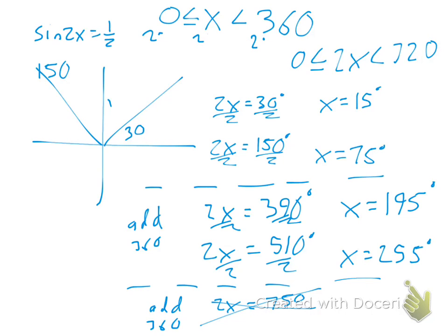Now wait, why is that? What does this 2 do to my graph? It's a period coefficient. Period coefficients are with the variable, so it always does the opposite. I'm not multiplying my period by 2, I'm actually dividing by 2. I'm making the period smaller. Guys, sine has a normal period of 2 pi.